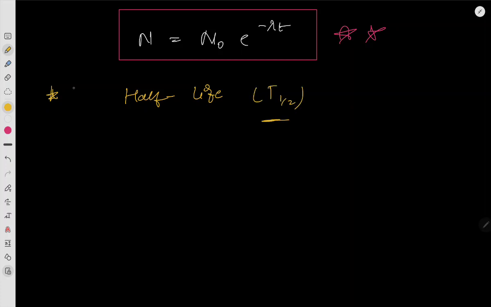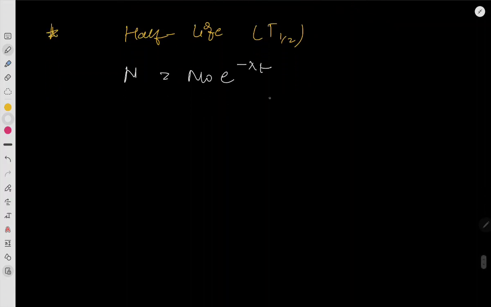This is the representation. So N equals N naught e to the power minus lambda t. Now putting t as t half, we get N naught by 2. For that we are putting N naught by 2 equals N naught e to the power minus lambda t.